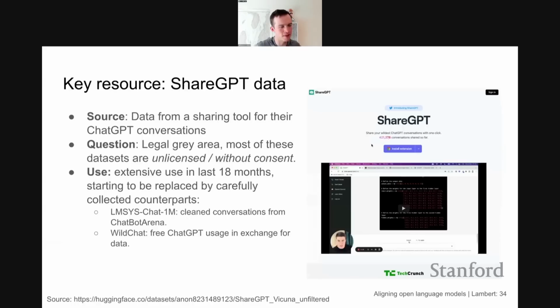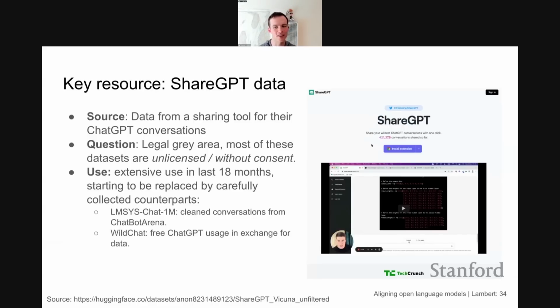ShareGPT was one of the only datasets that got open language model builders, so people like me, prompts that were similar to what people were asking ChatGPT. What was happening was you would install this browser plugin and it would let you share your prompts from ChatGPT on Twitter or whatever.